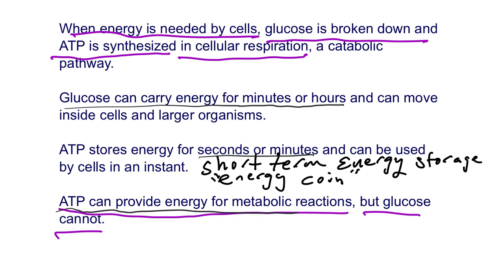You can't use glucose to run reactions. You gotta use ATP to run reactions that are anabolic, unless they're photosynthesis reactions, and those use the power of the sun, the energy of the sun, not ATP.